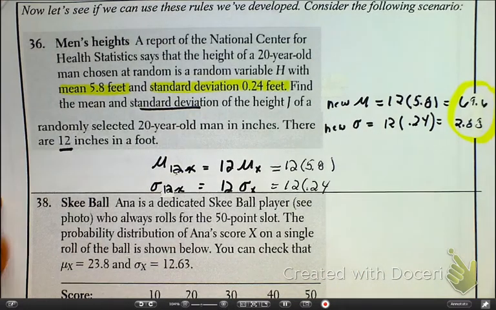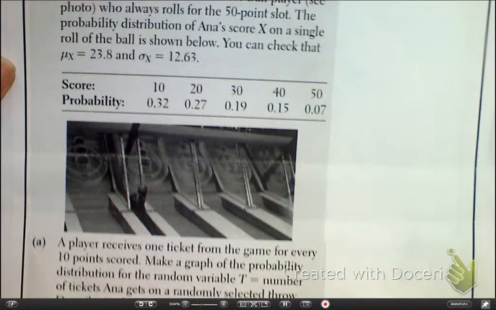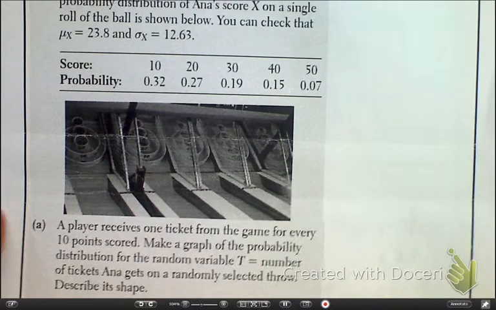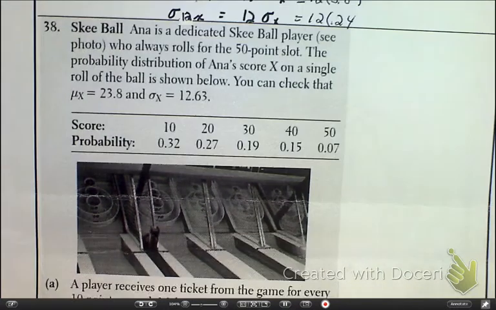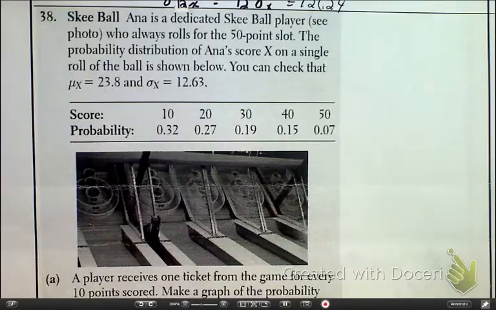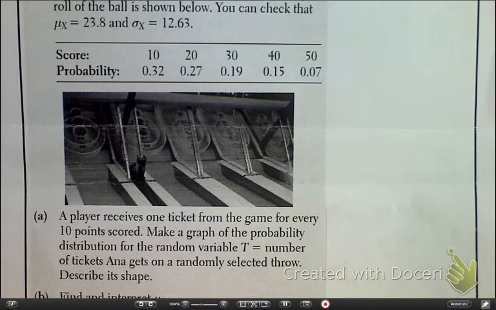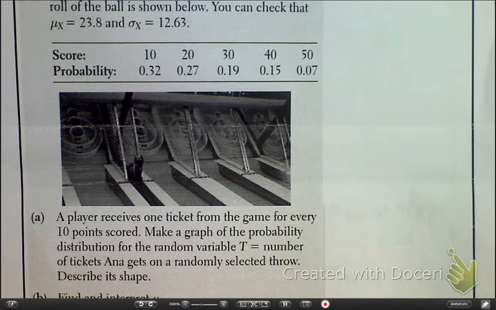Okay, now let's go ahead and read problem number 38. Now the first thing they ask us to do is to describe the shape, which means that I have to do the histogram.